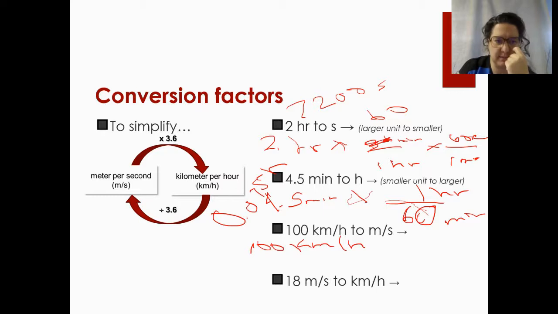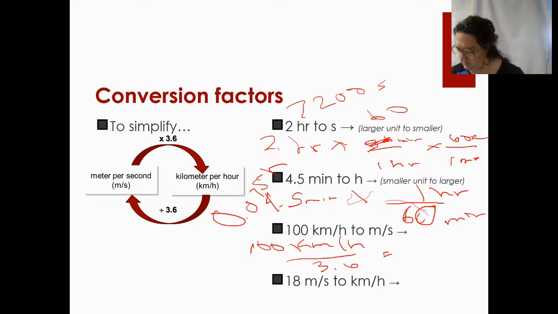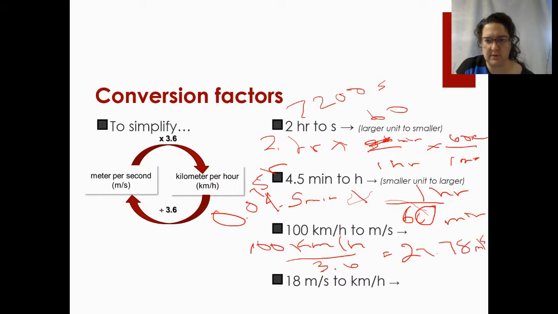So we're going to divide by 3.6. And we get 27.78 meters per second.